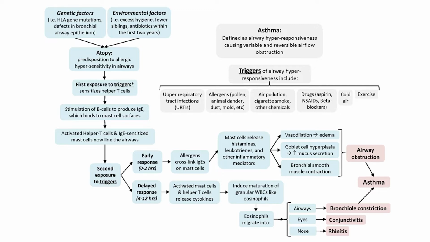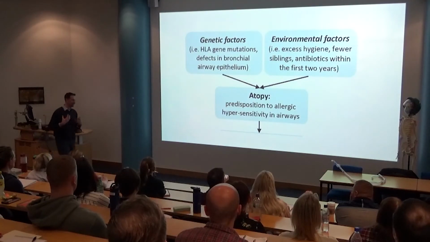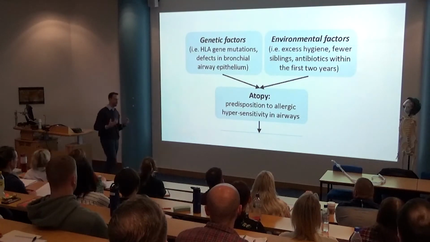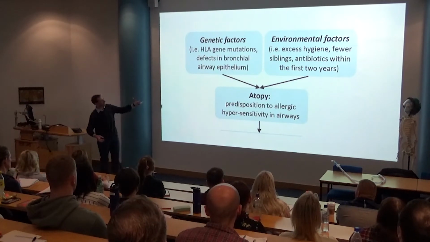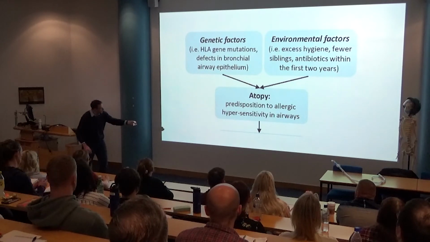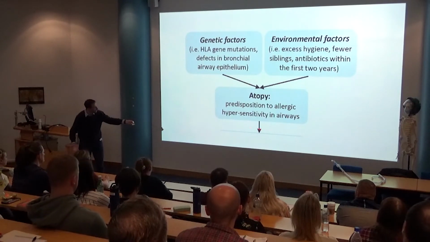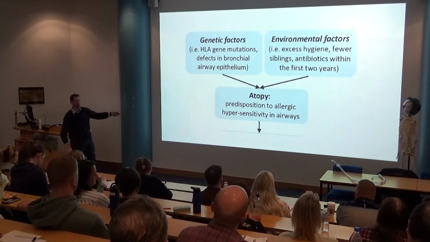So, for example, one thing that certainly predisposes me to getting asthma is, as we said, genetic factors. We've got some genetic elements to it. But this is the bit that we really want to learn. Atopy, okay?